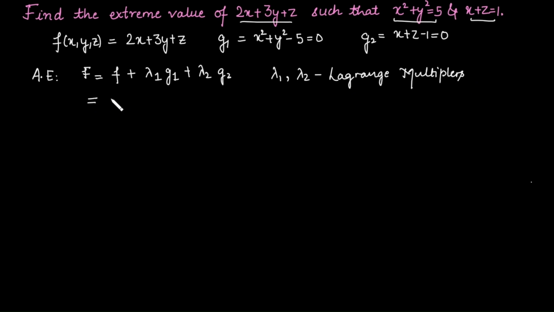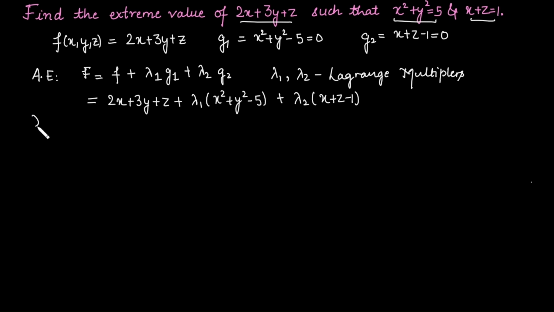The auxiliary function in this case is 2x plus 3y plus z plus lambda 1 times x square plus y square minus 5 plus lambda 2 times x plus z minus 1.